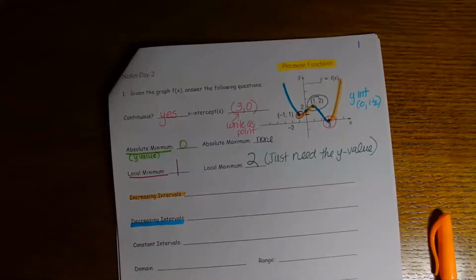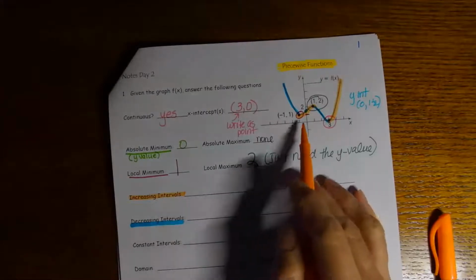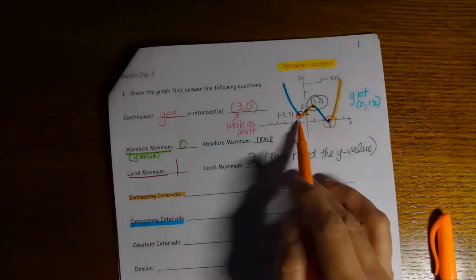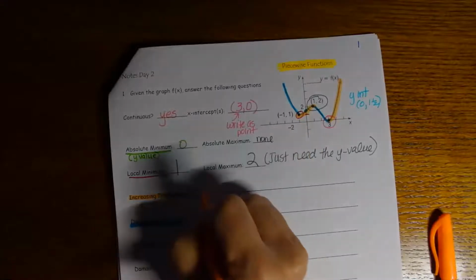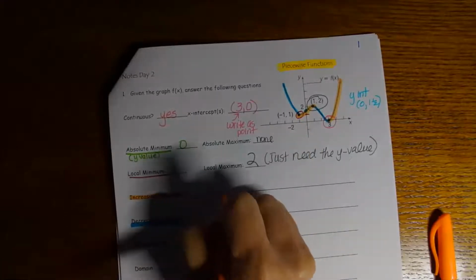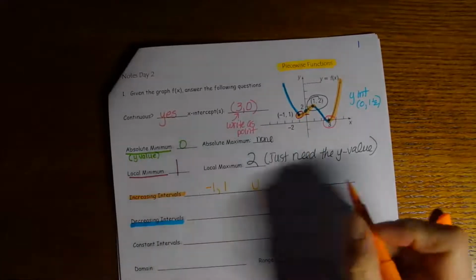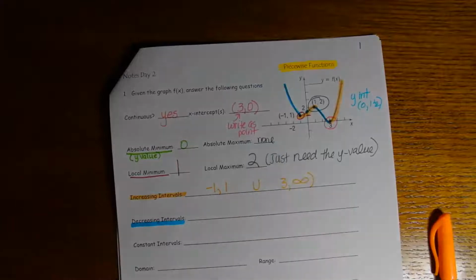Okay, so increasing is where? From -1 to 1. I'm not going to put my parentheses yet. And also where? From 3 to infinity. Infinity is always a parenthesis.